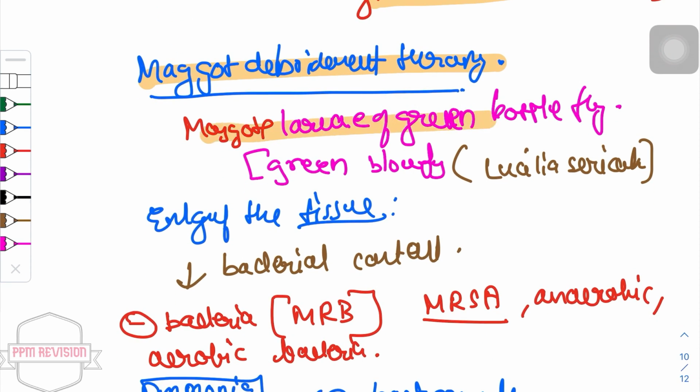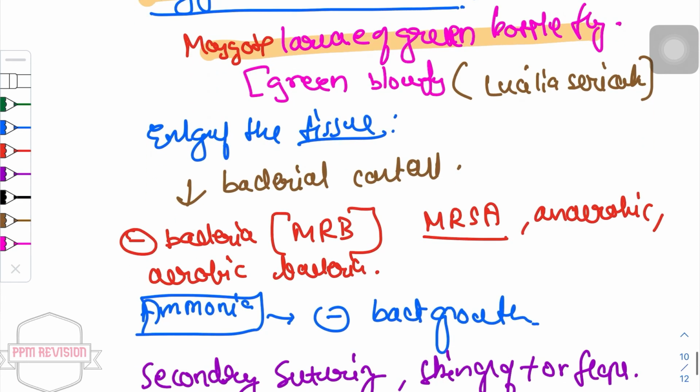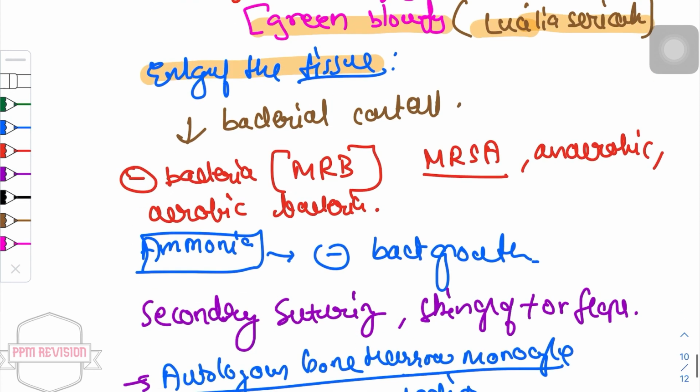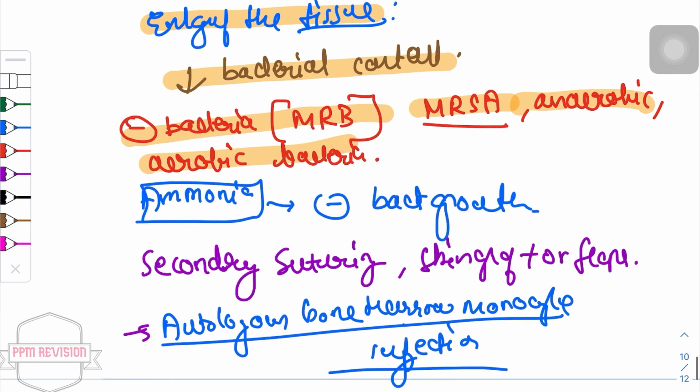The maggot larvae of the green bottlefly, also known as green blowfly or Lucilia sericata, are used. They engulf the tissue and decrease the bacterial count, and inhibit bacteria such as MRSA, methicillin resistant Staph aureus, as well as aerobic and anaerobic bacteria.